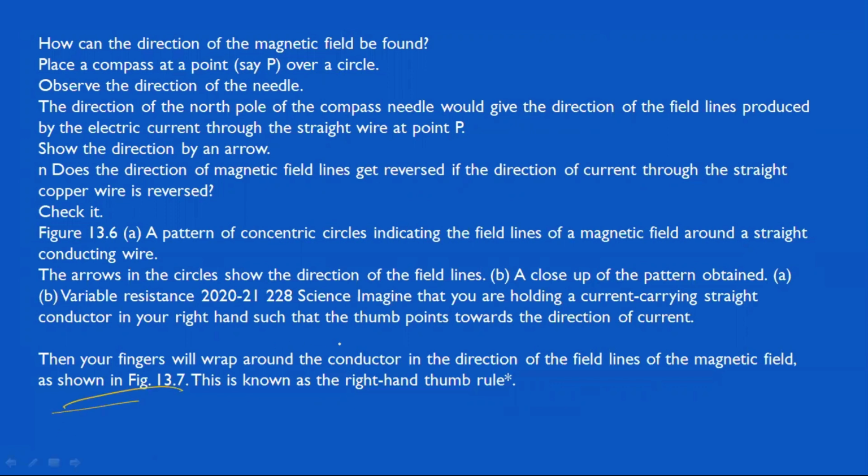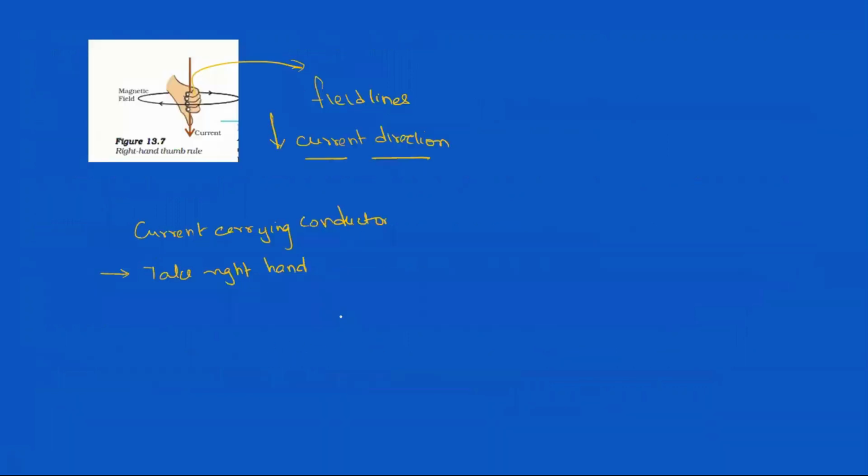So all four fingers of our right hand will indicate the magnetic field lines and the current is shown in the direction of the thumb like this, and this is called the right hand thumb rule.